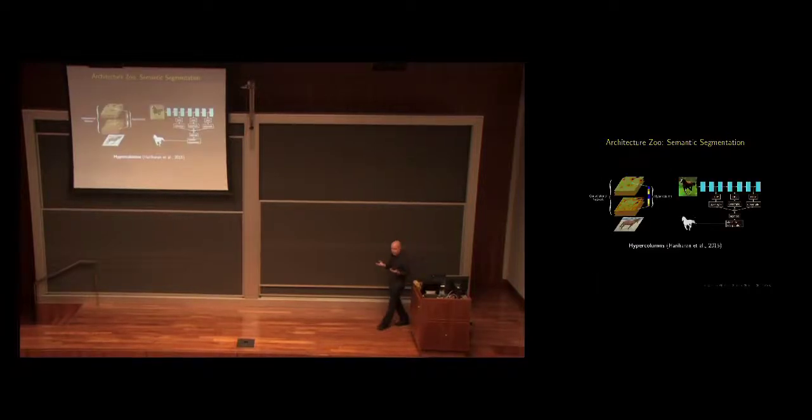There's also the hypercolumn type strategy, in which you imagine taking all of the layers of the deep network and taking a spatially localized slice through them, concatenating the features along that slice to end up with a per pixel descriptor, and then doing pixel-wise classification based on that descriptor.